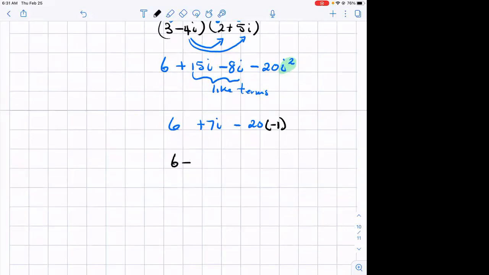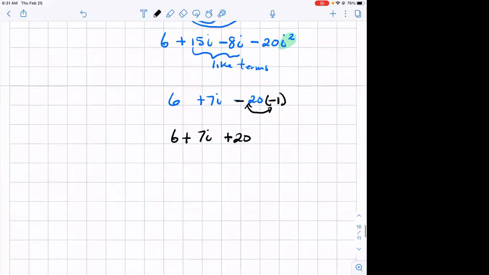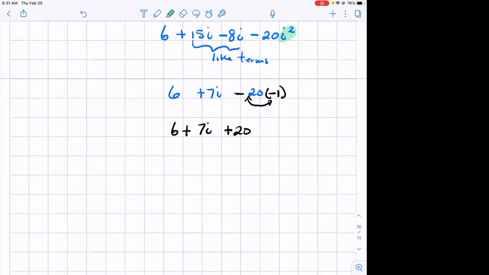So now we have 6 plus 7i minus 20 times minus 1 becomes positive 20. And now we have like terms. So 20 plus 6 becomes 26 plus 7i. So the whole multiplication process is very similar to that of polynomials.